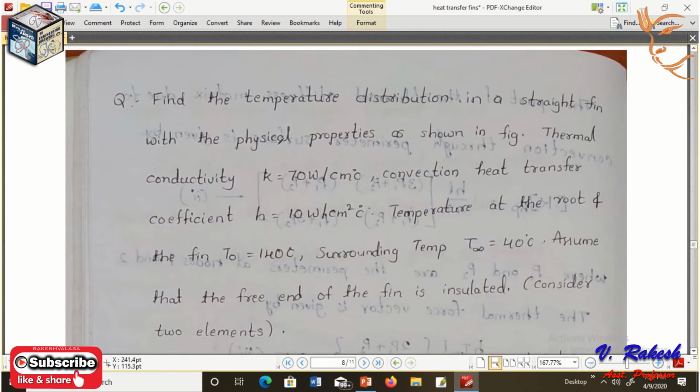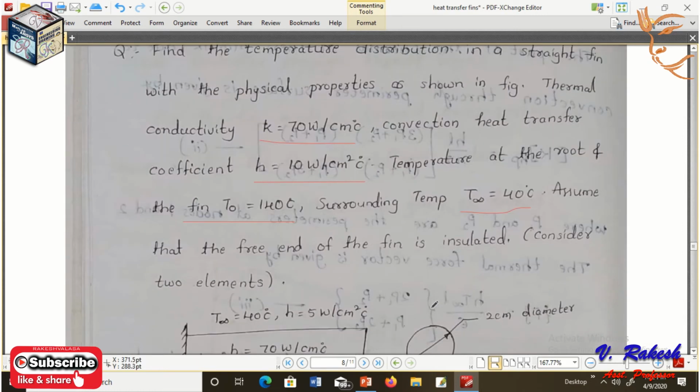The problem is, find the temperature distribution in a straight fin with the physical properties as shown in figure, that is thermal conductivity K equals 70 watt per centimeter degree centigrade, convection heat transfer coefficient H equals 10 watt per centimeter square degree centigrade, temperature at the root of the fin T naught equal 140 degrees centigrade, surrounding temperature, that is T infinity equal 40 degrees centigrade. Assume that the free end of the fin is insulated.